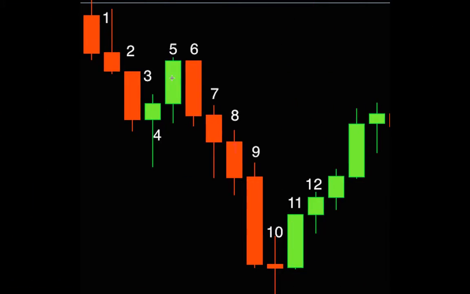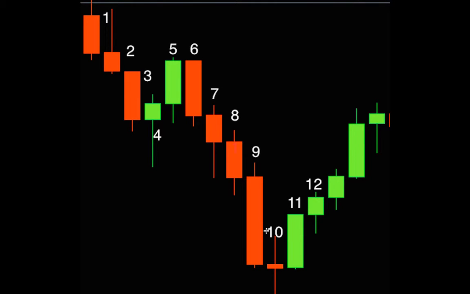Okay, let's say this is a 15-minute chart of a EUR/USD pair, an old chart. Let's say you were at point 10. When you open your chart, you're at point 10, so you couldn't see anything after 11, 12, 13, 14, 15, and so on.